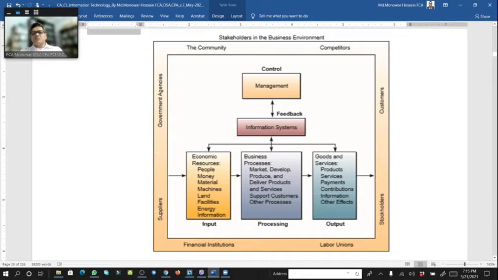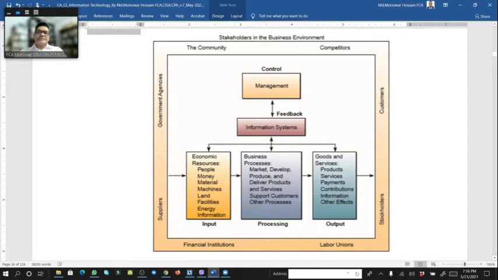Then output: goods and services, our product, service, maybe payment, maybe contribution, maybe information or data, final, that means finished data, and other effects can be output. In that output, the information system is giving the feedback through input and output within the process. All are interrelated here, and this information feedback also flows to the management for the control.